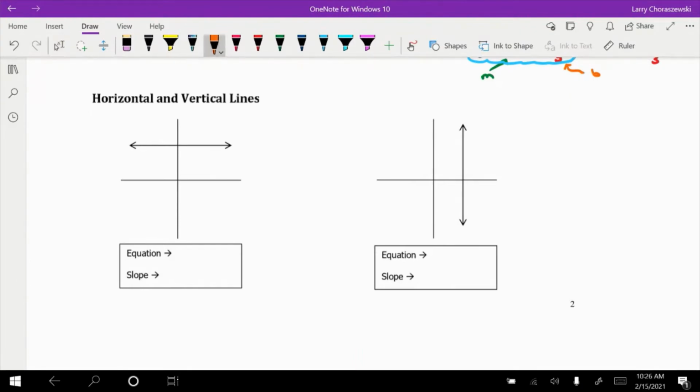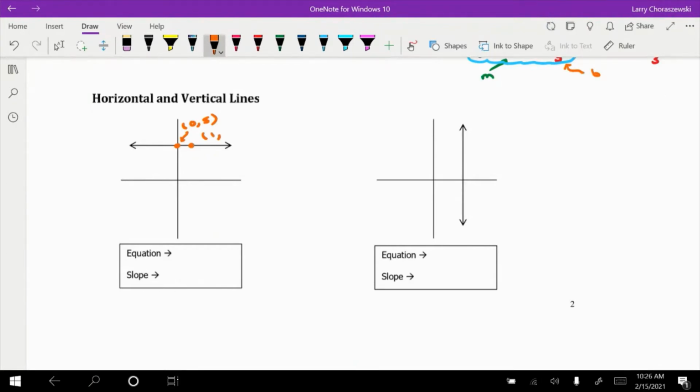Let's assume that this horizontal line crosses the y-axis at 0, 5. Now, all the other points on this line are directly to the left and directly to the right of this point 0, 5. So let's say that I wanted to look at a point on this line that had the x-coordinate of 1.